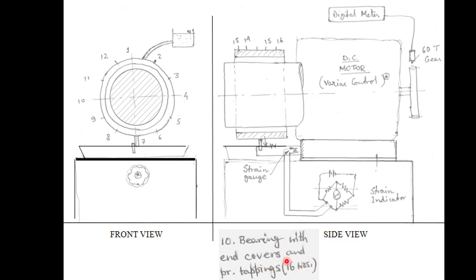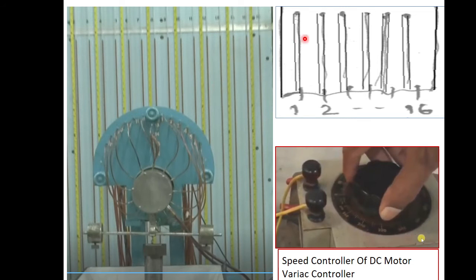How many pressure tappings are there? Total 16. Out of these 16, 1 to 12 are in different radial positions. 12 means they are 30 degrees apart. So at 30 degrees apart, if we connect them to manometers, we will get pressure readings.